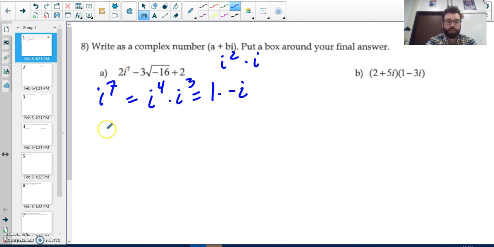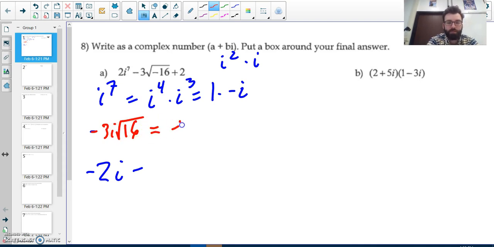So really, this is 2 minus 2i minus, well, what's the square root of negative 16? Negative 3 times the square root of negative 16, the i came out.